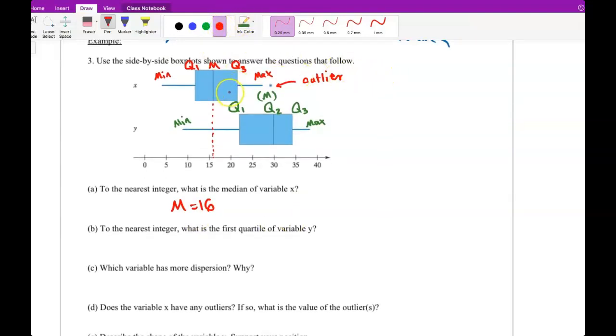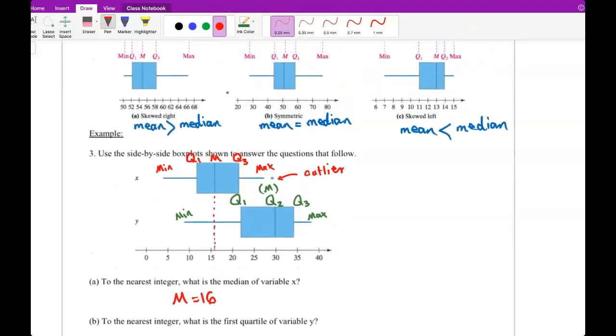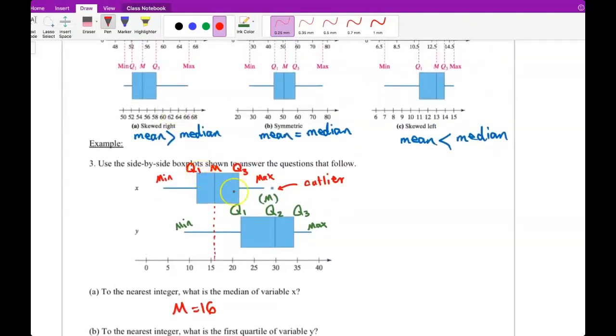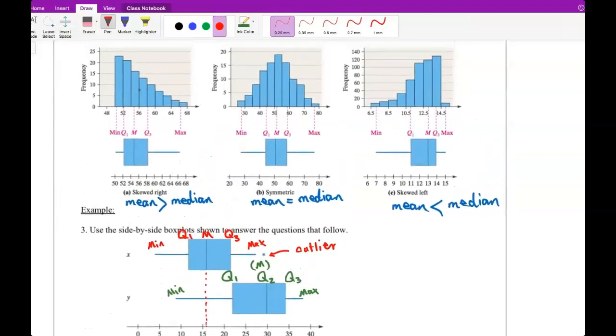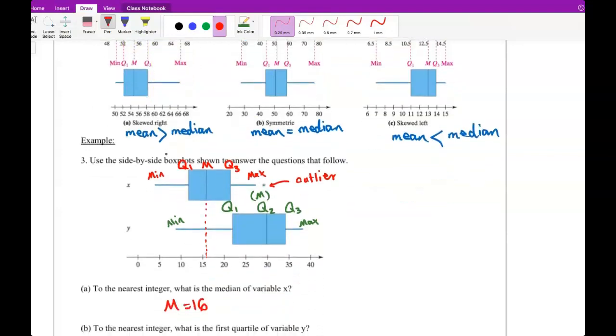Okay, and also based on what we had on top, I want to see which one is skewed left, skewed right. It didn't ask us, but let's see. For the first part here, okay, can you see that? This one is median, and mean is somewhere here. So mean is greater than what we have for median. Now same thing for this part.